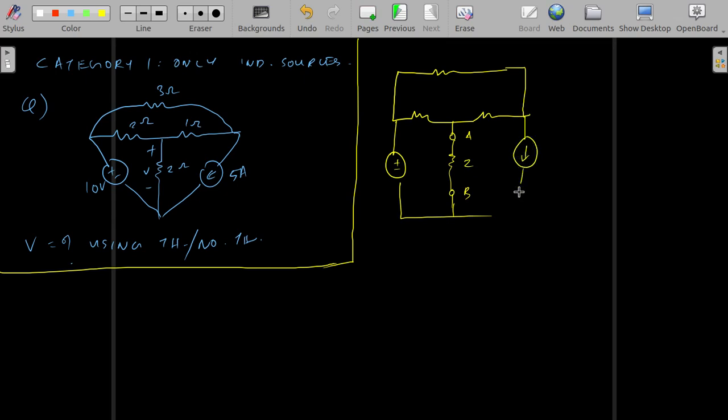That is the way of doing it. Sometimes even for some complicated circuits, if they ask to find the response across an element, many times it is better to just simply use Thevenin or Norton equivalent circuits to simplify the circuit.